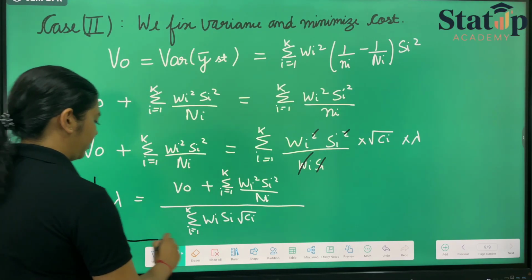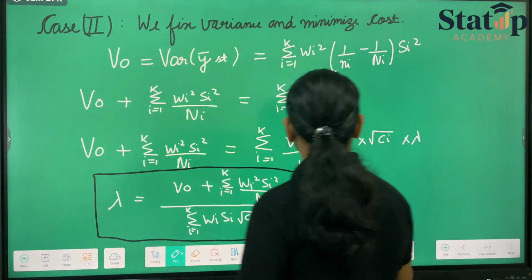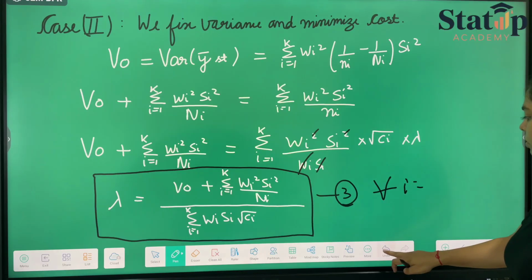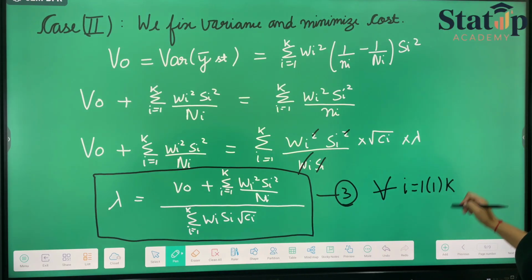This will be the value of lambda, and this becomes our equation number 3 for all i goes from 1 to k.